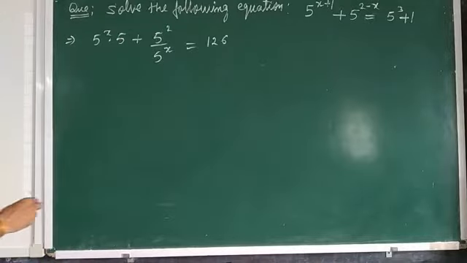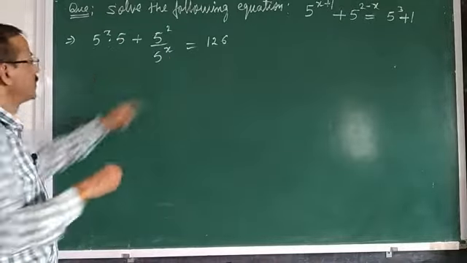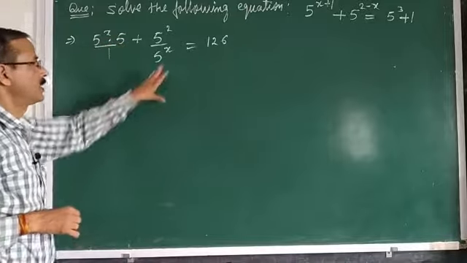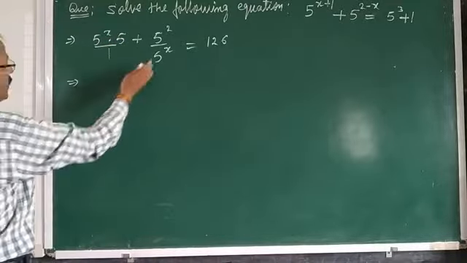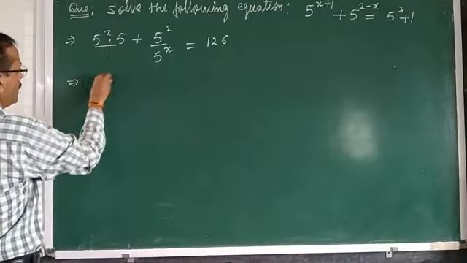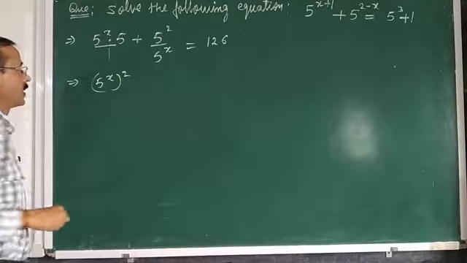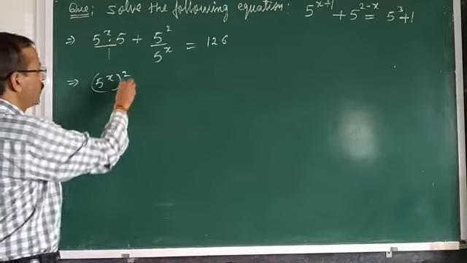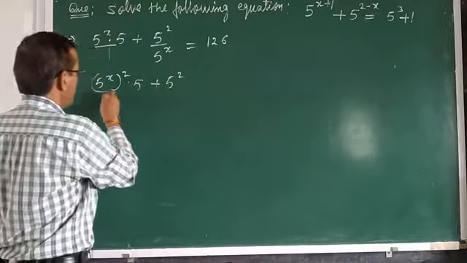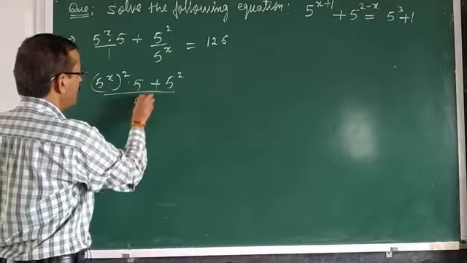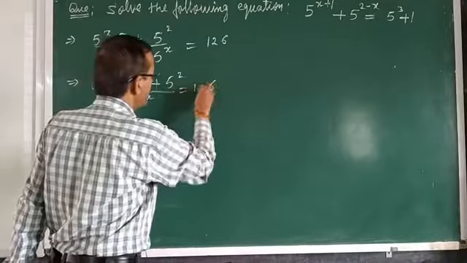Now this is the LCM. Suppose here upon 1, this is the LCM. So by LCM we can write 5 power x into 5 power x, that is 5 power x whole squared, into 5 plus 5 squared, whole upon 5 power x, equal to 126.